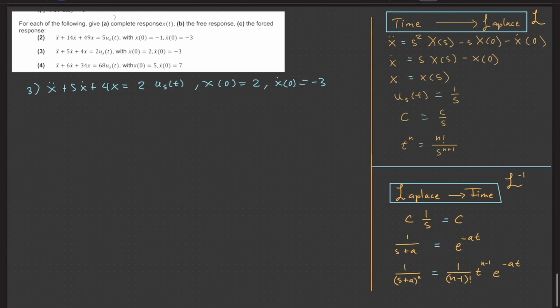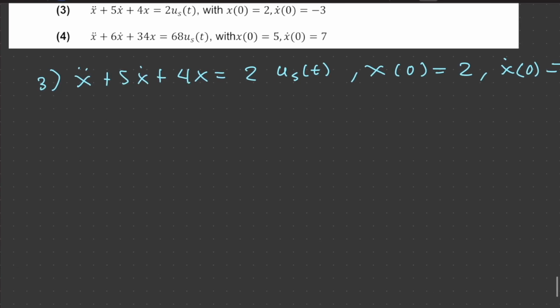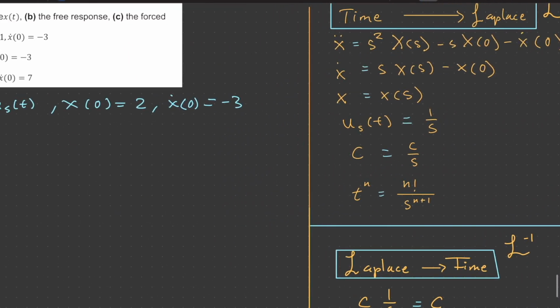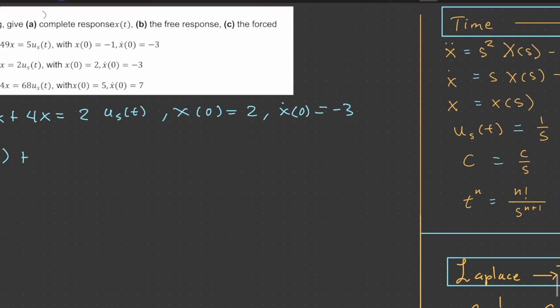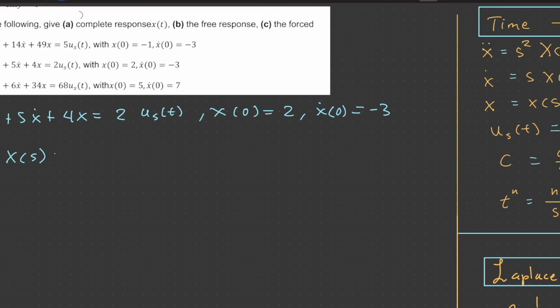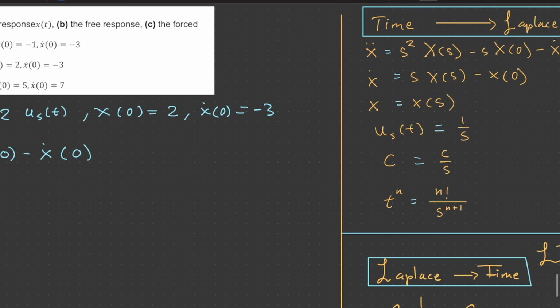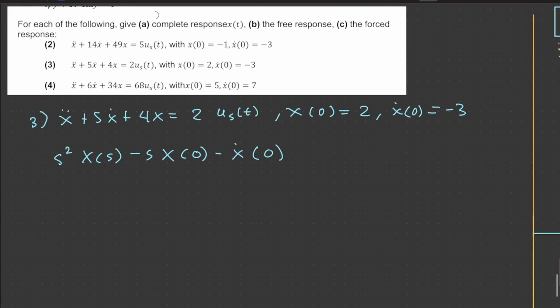Okay, let's go ahead and get started. x double dot turns into s squared x of s plus, so I need to remind myself, right? Negative s x naught, negative x dot naught. So okay. x dot is equal to s x of s minus x naught.